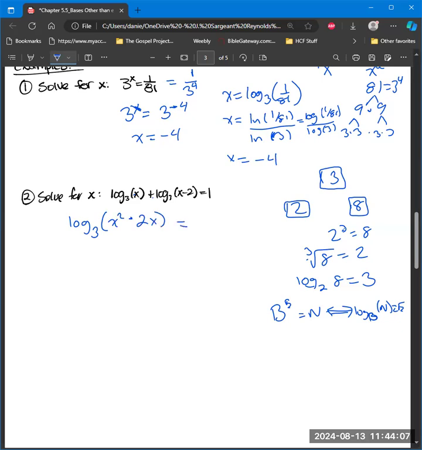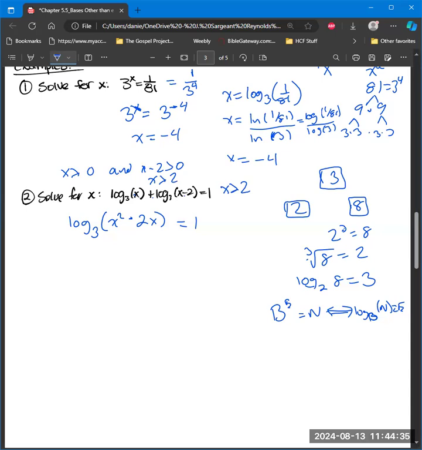Before I get any further, though, I don't want to just combine logs together and maybe start rewriting this and change the domain. So let's go back to my original here and look at my domain. The x has to be greater than 2 because both x and x minus 2 have to be greater than 0 by the rules for logs. So which one forces both of them to be true?